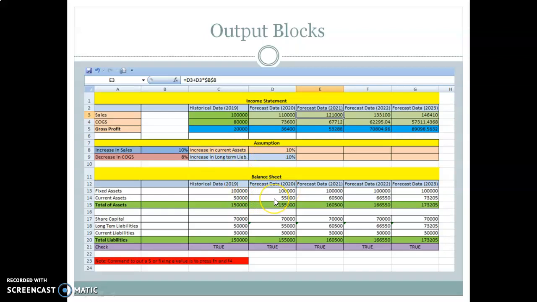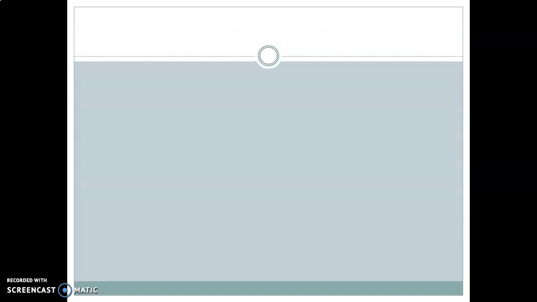So for increase in current asset, we have to put is equal to, and then link the assumptions, then only we are able to build a proper model. And here all these cells are reflecting the output blocks, right? So in that way it's very important to understand the output blocks, inputs and assumptions, right?